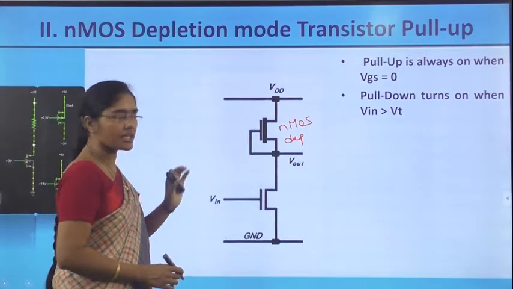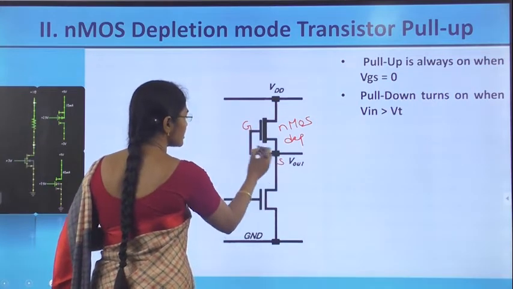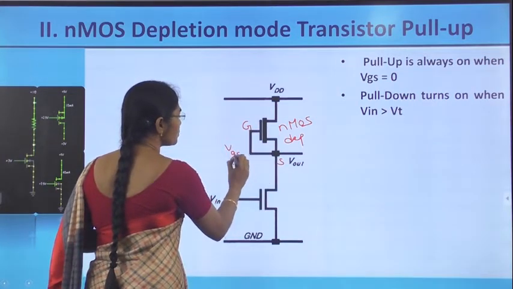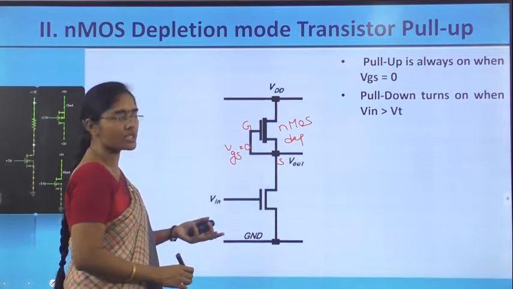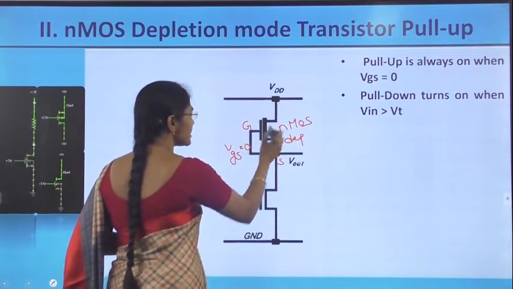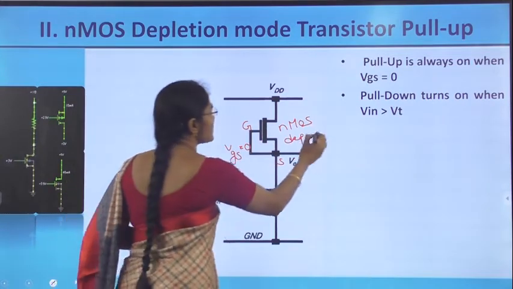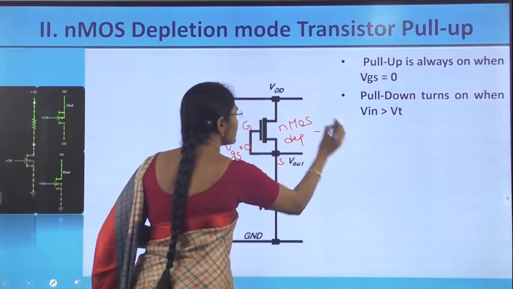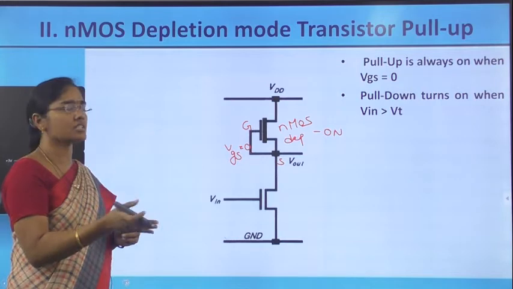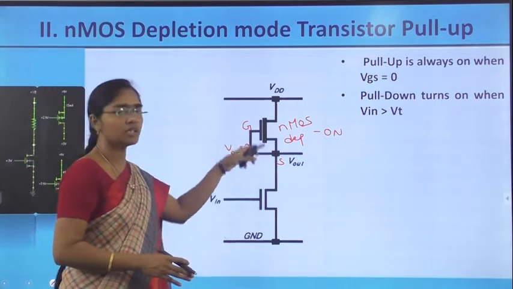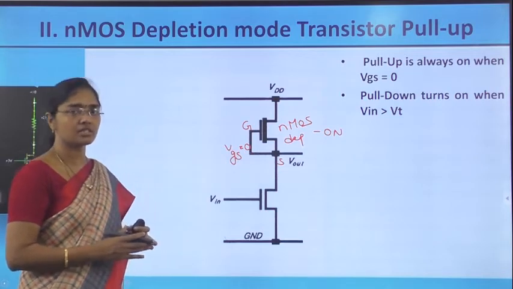The NMOS depletion transistor is taken and its gate is connected to the source, in the sense VGS is equal to 0 always, because the difference between these two is always 0. But an NMOS depletion transistor is switched on for VGS equal to 0, which means this NMOS transistor is always in the on condition, so the resistance is replaced with an always-on NMOS depletion transistor.